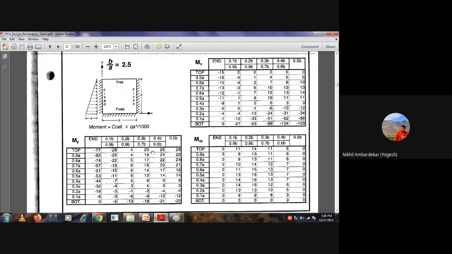There is another parameter, the shear force, that we need to check.